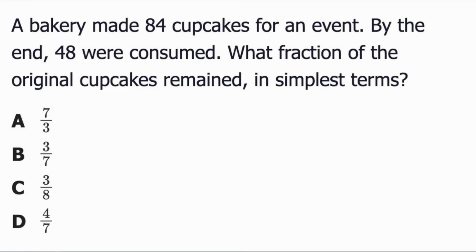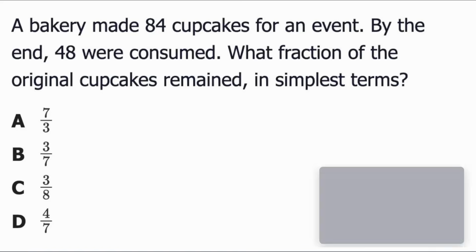So everybody, when we read the question sentence, let's be very, very clear about what we're looking at here so we don't rush and get a problem wrong that we otherwise would have gotten right. The question reads, what fraction of the original cupcakes remained in simplest terms? So here's how we're going to write this. The moment I saw fraction, that's a pure math word. That makes life a lot easier when it comes to dealing with problems like this.